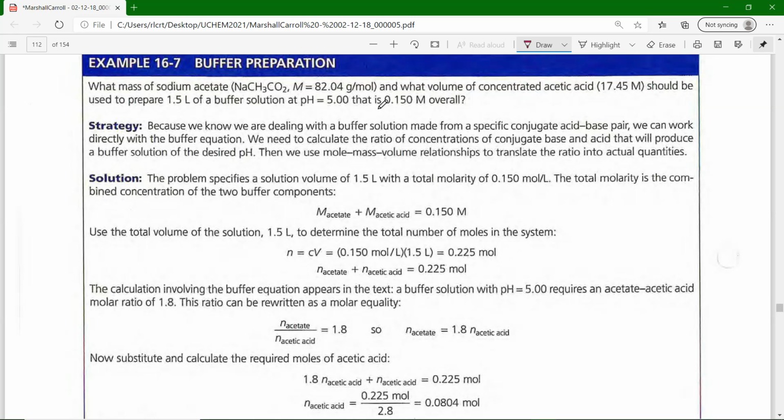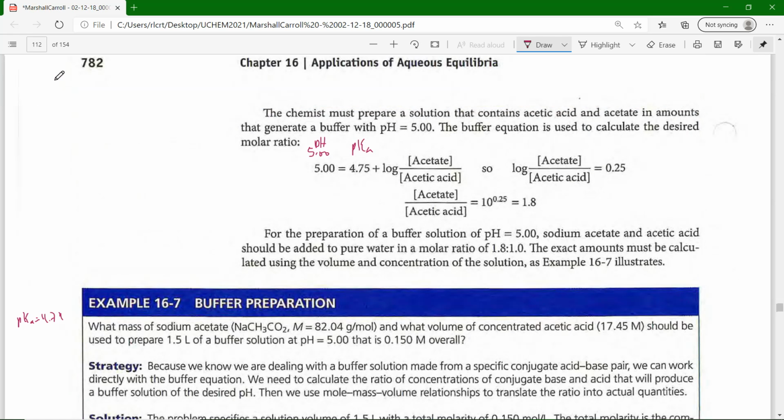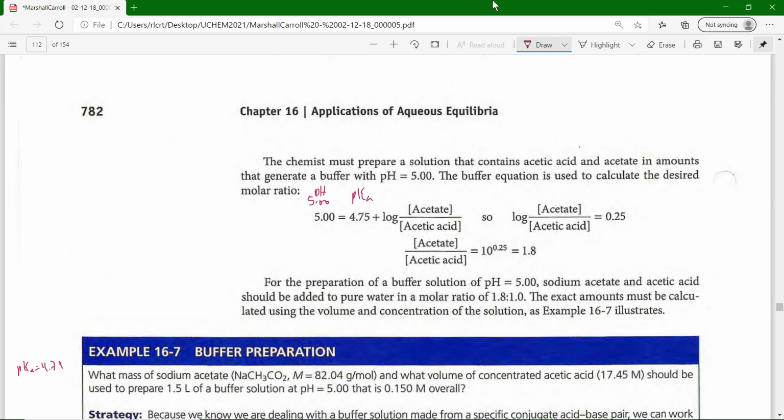So what mass of sodium acetate and what volume should be used to prepare a 1.5 liter of buffer? So remember the pKa is 4.74. I'm going to put some of that in the margins here. Did the book round it off to 4.75? What did they do there? 4.75. Okay, fine. pKa is 4.75.